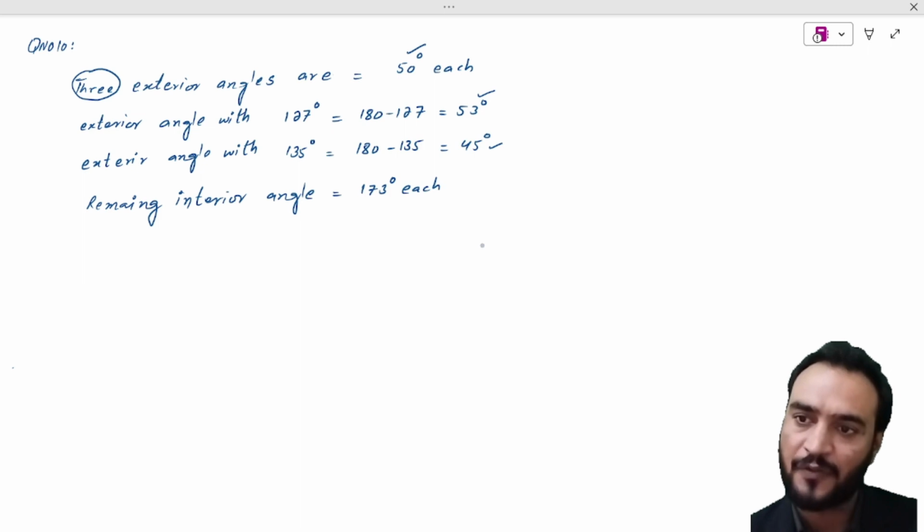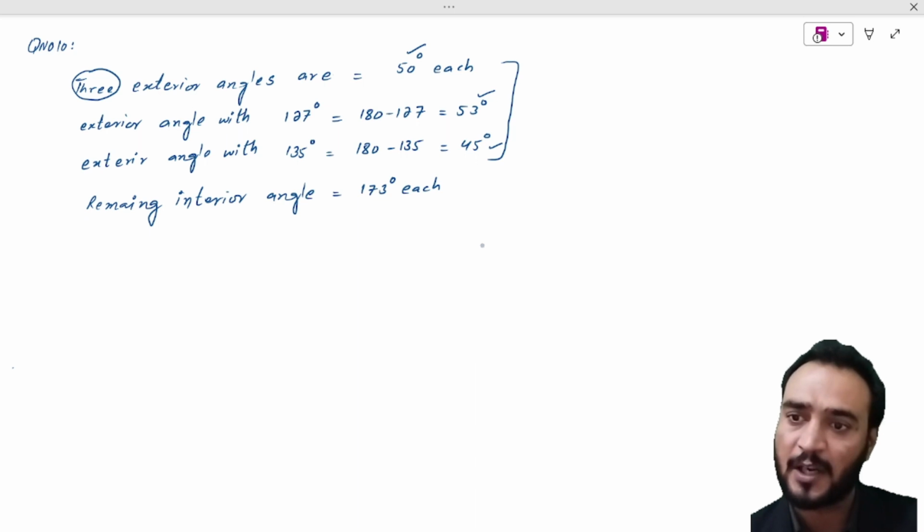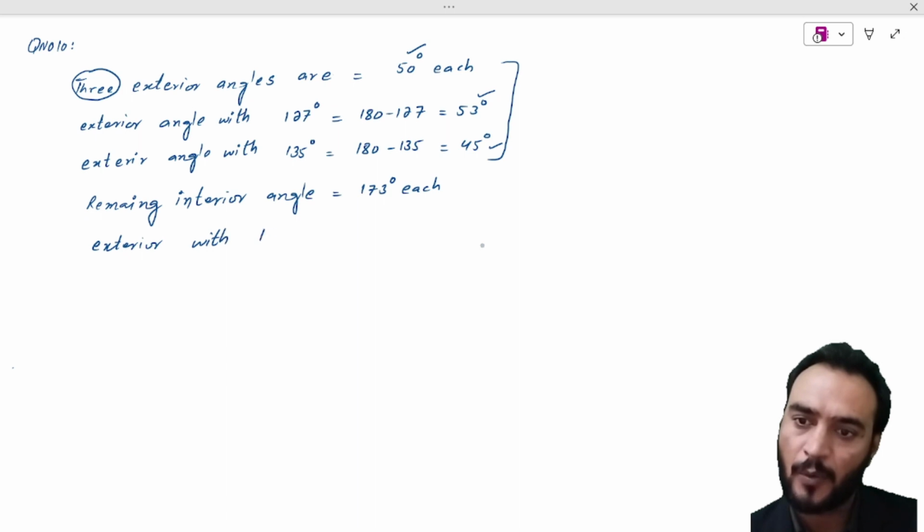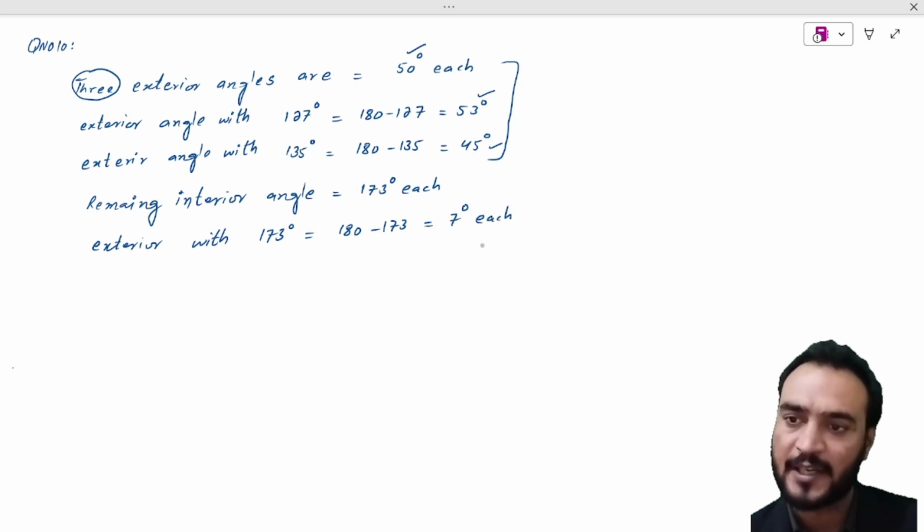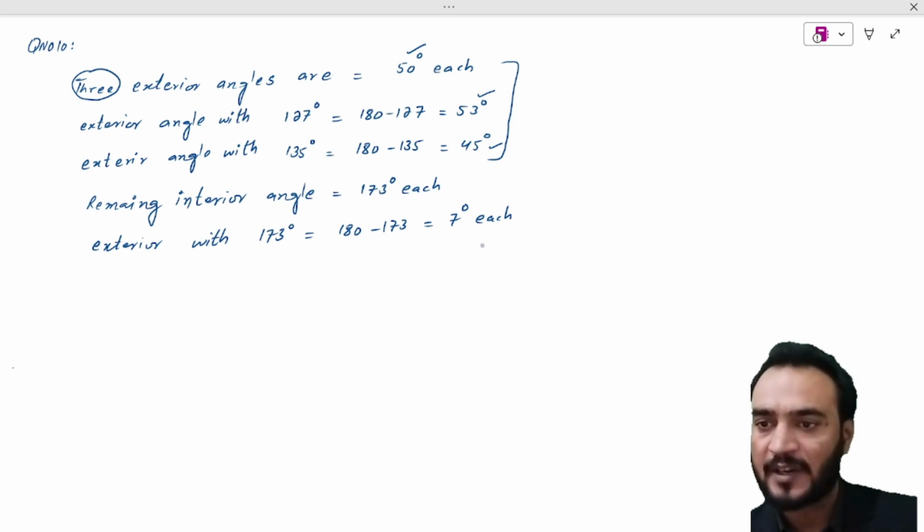So except these five angles, the remaining interior angles are of 173 degrees. So the exterior angle with 173 degrees is equal to 180 minus 173, which is 7 degrees each. So all the remaining angles of the n-sided polygon are of 7 degrees each.